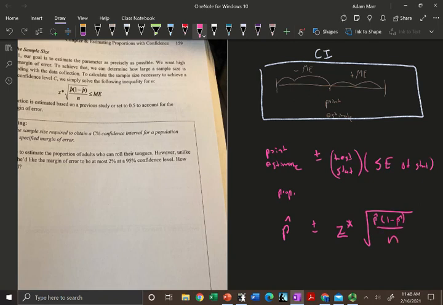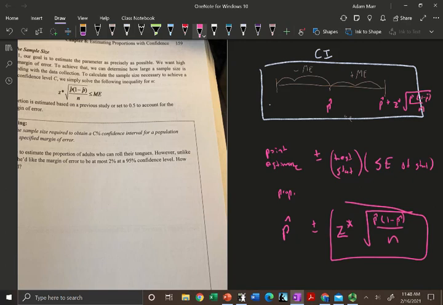All right, so just want to remind everybody about that. So what you can see right here is if p hat is our point estimate, the positive margin of error accounts for p hat plus Z star times the standard error, which is p hat, 1 minus p hat, all over n.